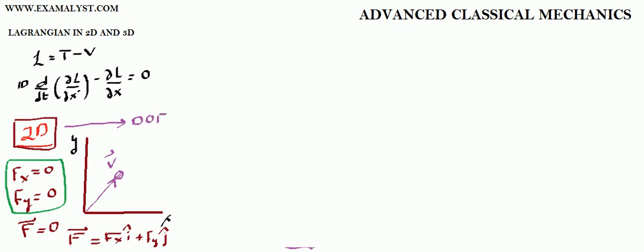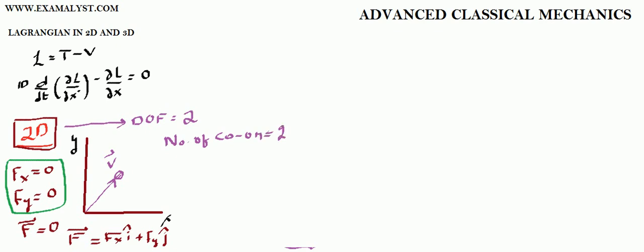Degree of freedom means in how many directions it has freedom to move. In 2D, it can move in only 2 directions, so the degree of freedom is 2. If the degree of freedom is 2, then the minimum number of coordinates to represent the object will also be 2.